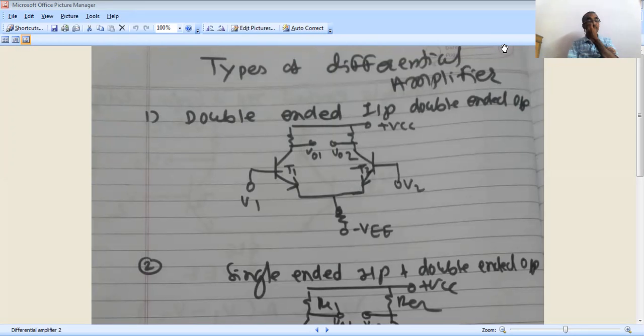Friends, you want to remember, this is the first one, that we already discussed: the differential amplifier which is having two inputs and two outputs.